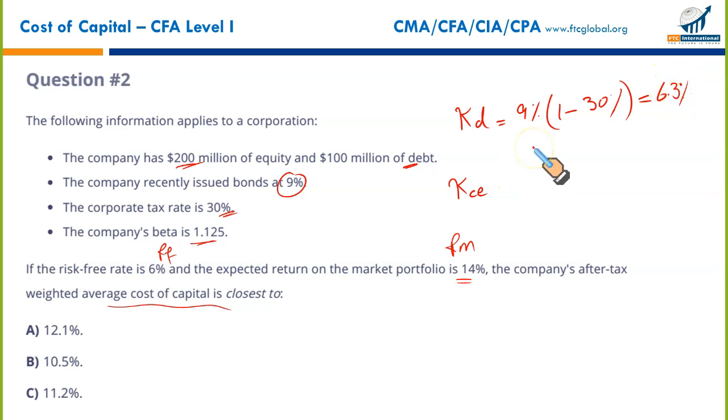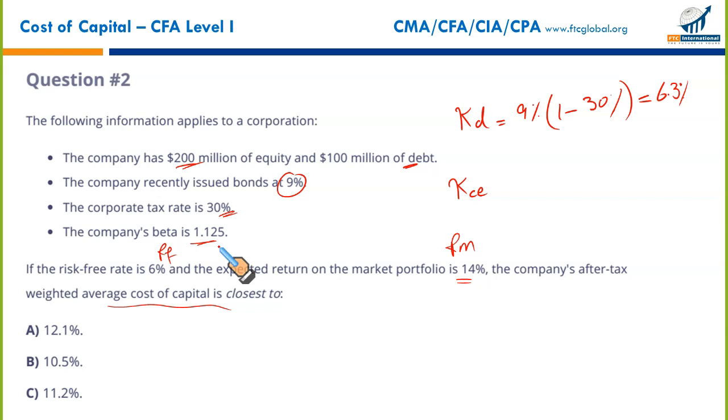Cost of common equity. Can we apply the capital asset pricing model? We have beta, we have the risk-free rate, we have the return on market. Yes, we can. Can we apply the dividend discount model? No, because the given information dictates that we use the capital asset pricing model, CAPM. These are the two models included in your syllabus: the dividend discount model and the capital asset pricing model.